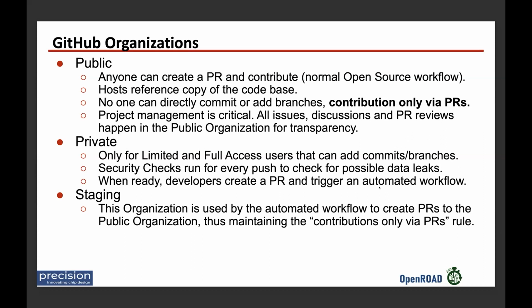And after the security checks are done, when the developer is ready, they can create a pull request and start an automated workflow. I have a demo later on about the workflow.